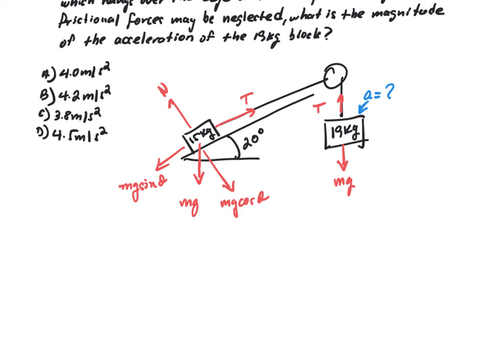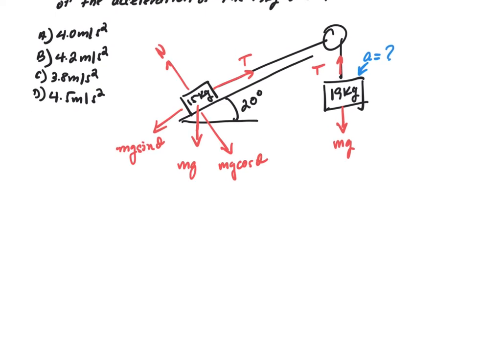All right, so let's just write out the summation of the forces. In our y direction, all we have to worry about is T minus mg. We know that mass times acceleration is going to be negative because the acceleration is coming down, equals T minus mg.